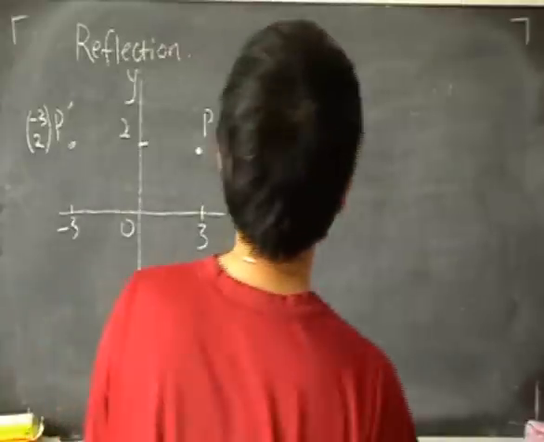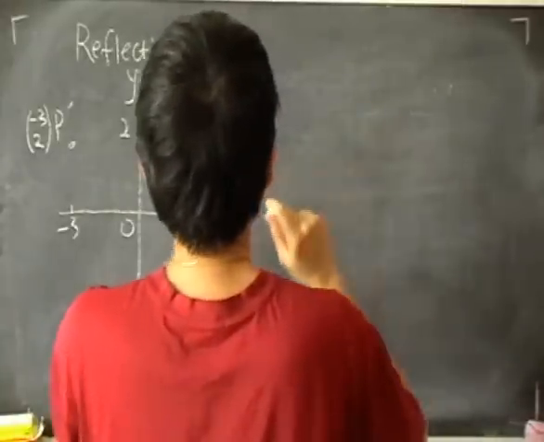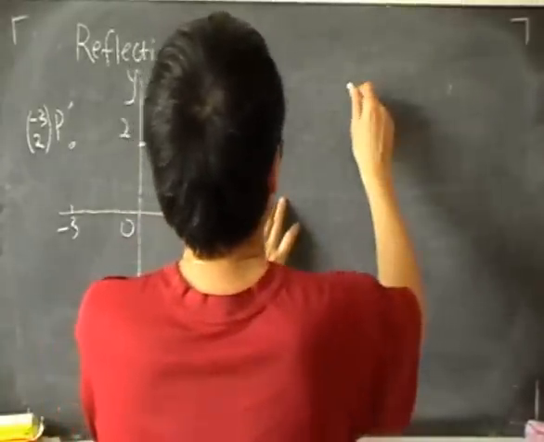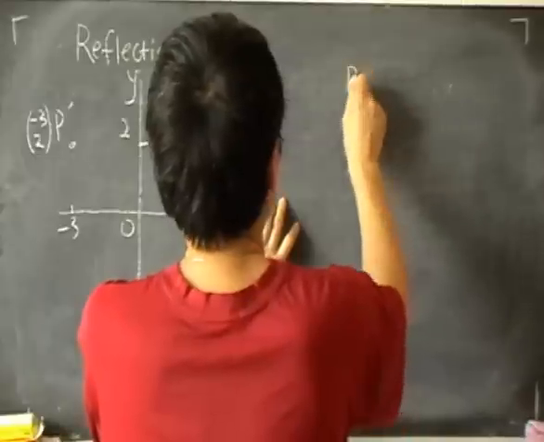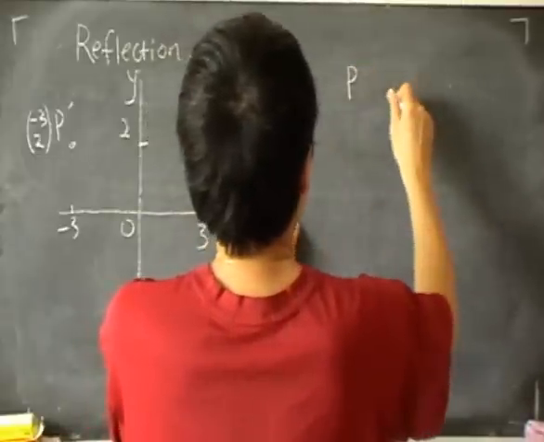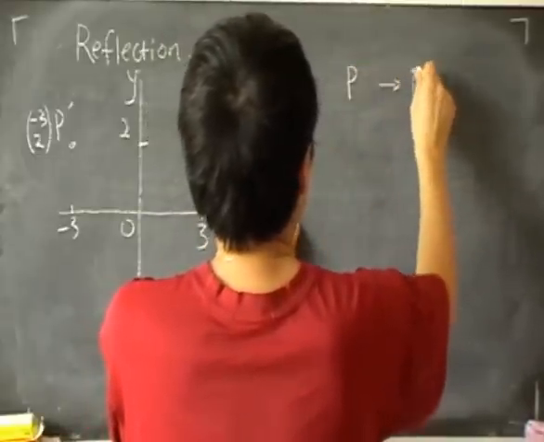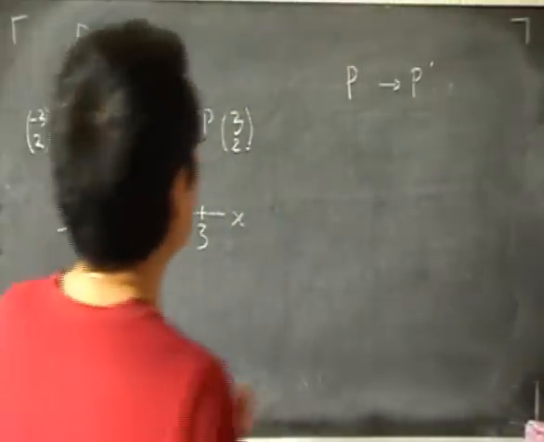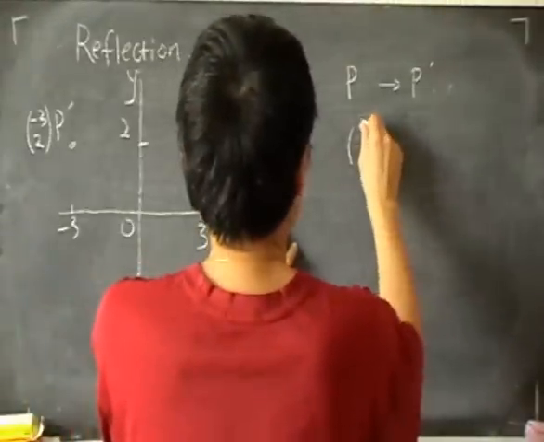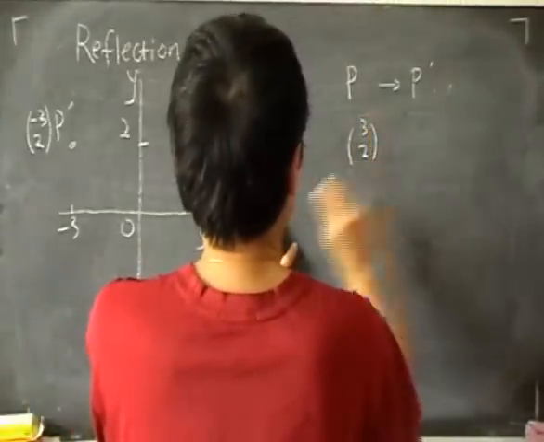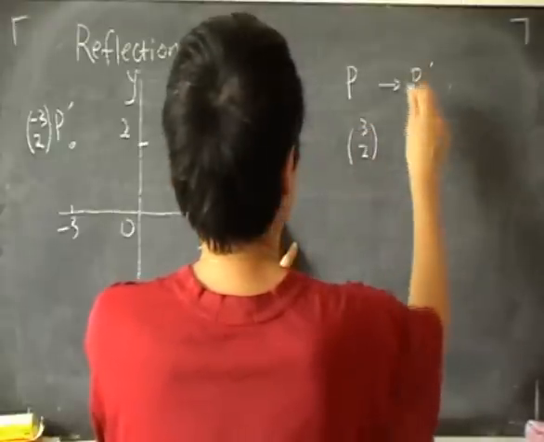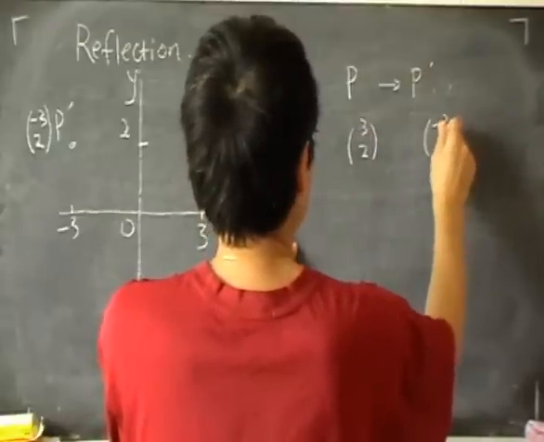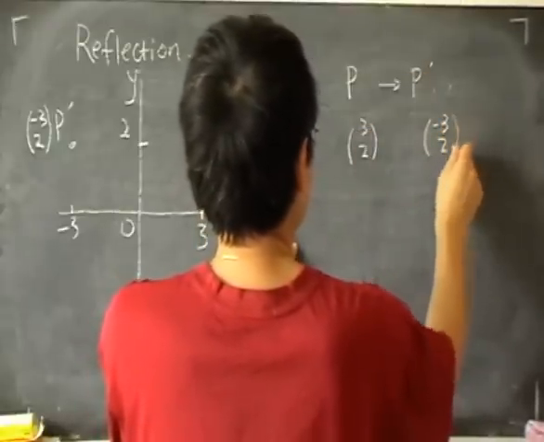The idea is that if I start with the coordinates of P and I want to find the coordinates of P prime, the image, the coordinates of P is 3, 2, of P prime is -3, 2.